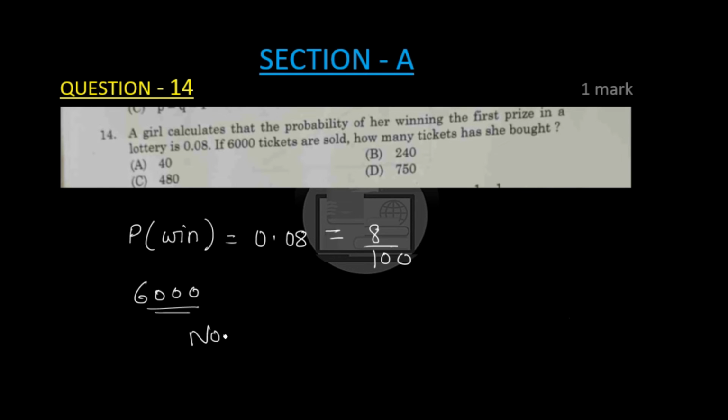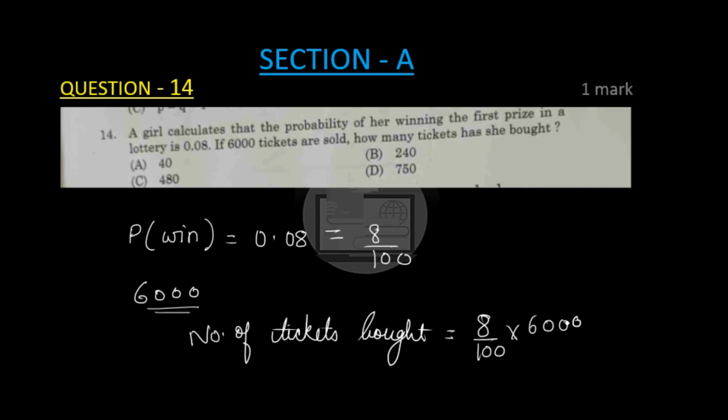So the number of tickets bought should be equal to the probability, which is 8 by 100 times 6,000, which gives you 480 tickets should be bought by that girl. Okay, so the answer is choice C. Very easy and direct question. We're able to solve it really quick.